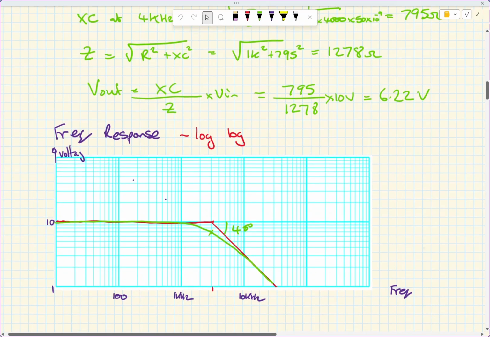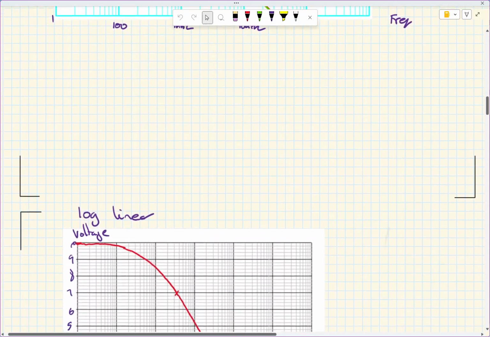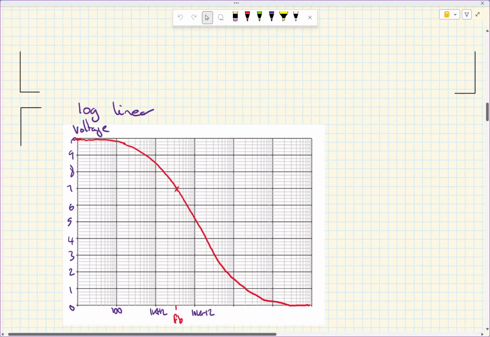There is only one way to draw it on a log-linear graph. The logarithmic part still goes in the frequency, and the linear goes up here on the side. So we're starting off at our maximum output, and at our break frequency, so at 3.2 kilohertz, we know that the output is approximately 7 volts.